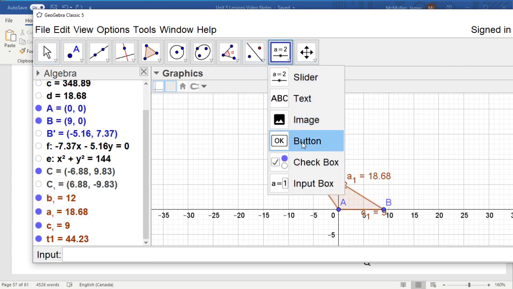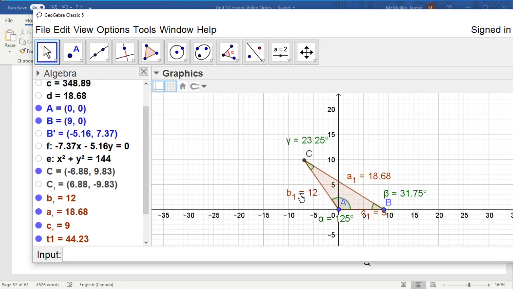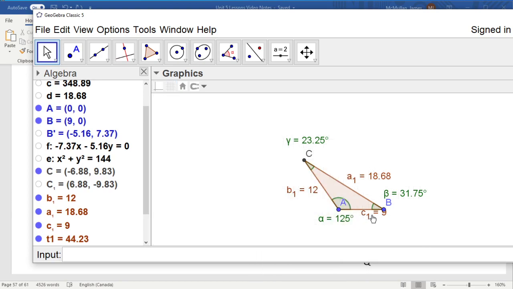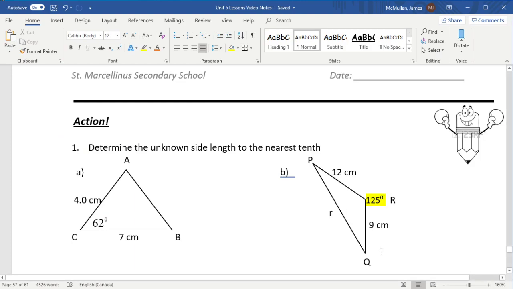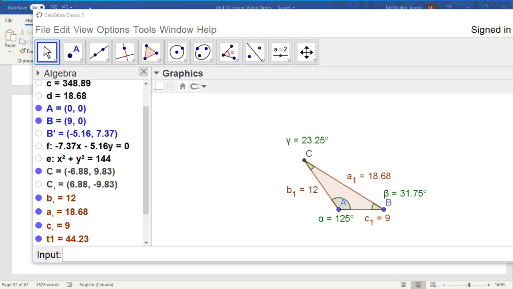We'll click the angle button, click in the middle, and it tells us the 3 angles. So you can see I drew it at a different angle than the picture, but it's the same, right? It's a 125 in the middle with a 9 on one side and a 12 on the other side, and the opposite side is 18.68, which is exactly what we said it should be.